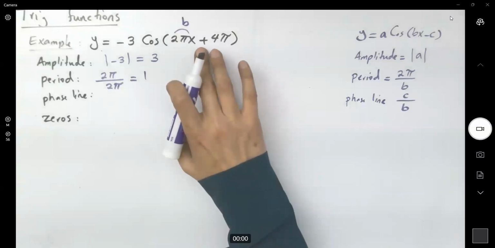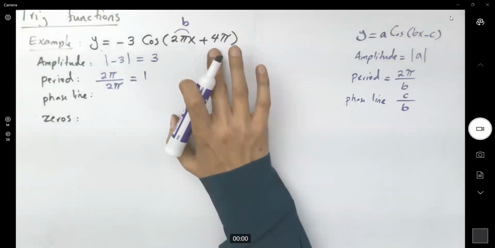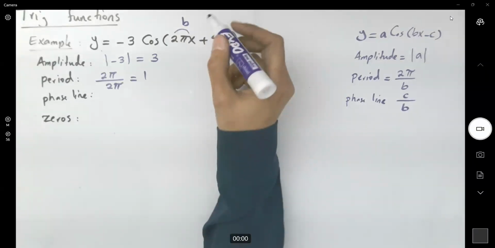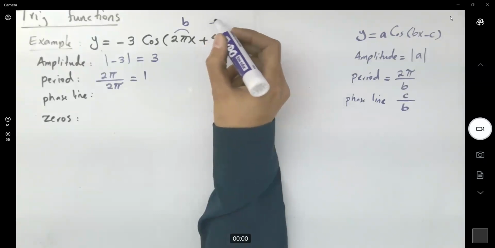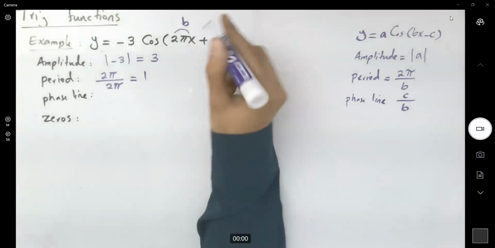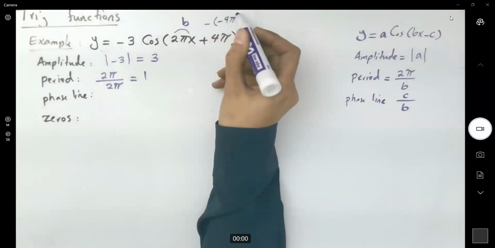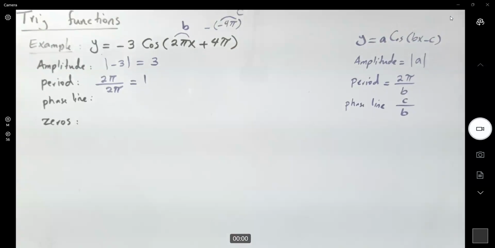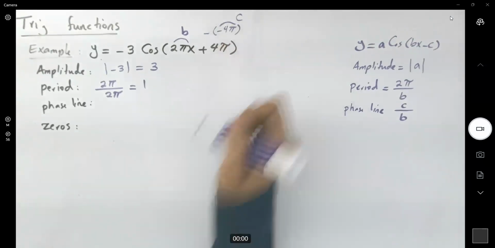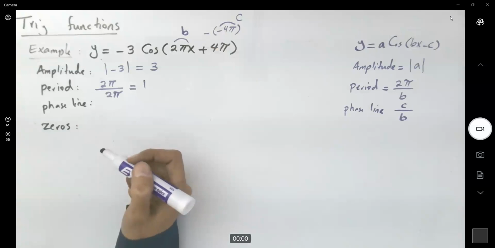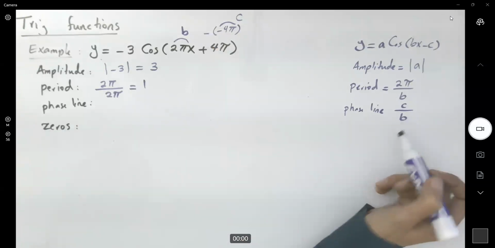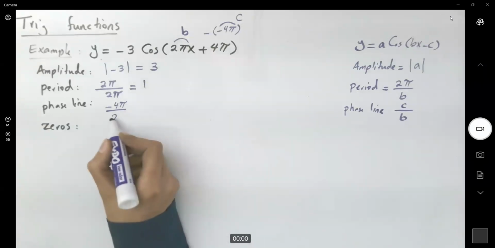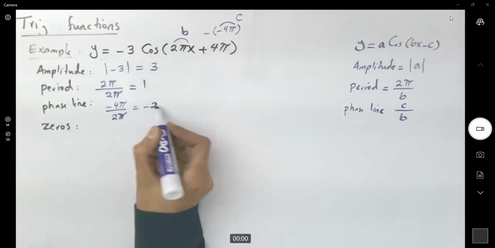It means that it was originally written as negative times negative 4 pi, and this guy is your c. So c is negative 4 pi. So my phase line becomes c divided by b, negative 4 pi divided by 2 pi, which is negative 2.